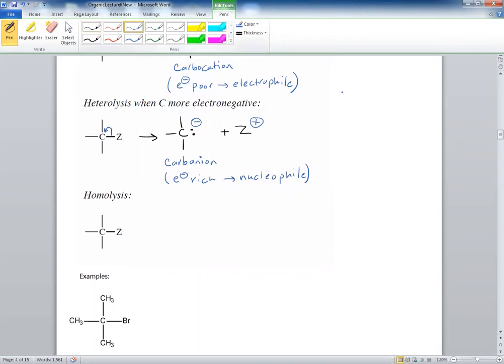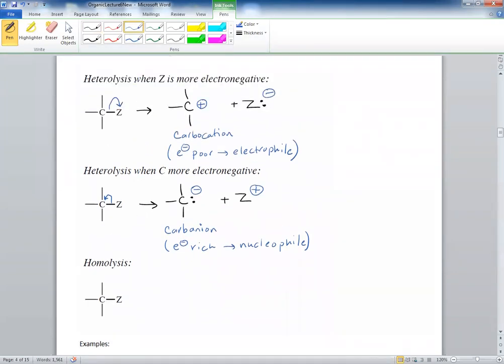So now the next thing is go back to homolysis just to show you some examples. Here we go. So homolysis means it's divided equally.